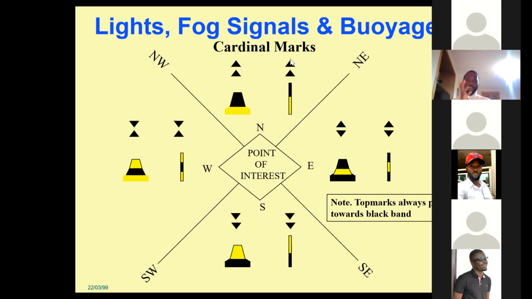But the real fact that we really want to point out here is I am heading towards the danger. I'm already on the dangerous side of it. Because if you're coming from the southwest and there's a wreck right ahead of you and you see a north cardinal buoy, you don't know how big this wreck is.